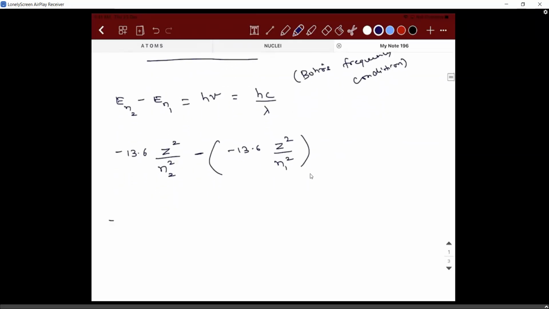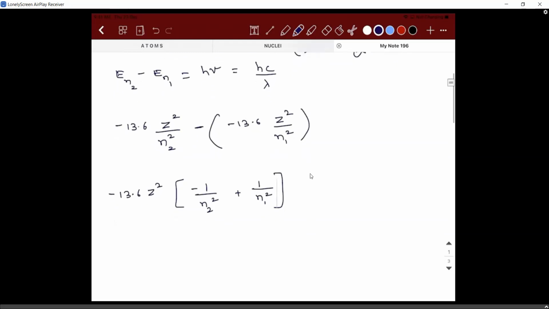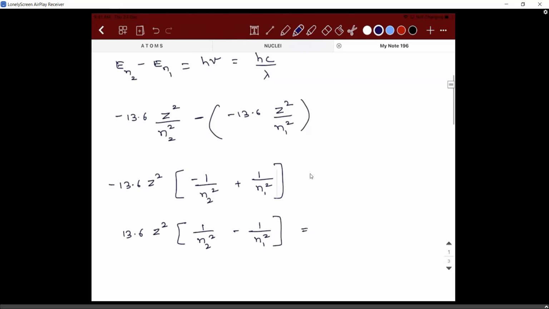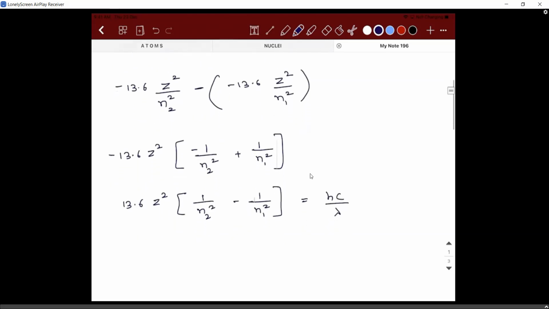If I take minus 13.6 Z square outside, what am I going to get? Minus 13.6 into Z square into 1 by N2 square plus 1 by N1 square. Okay, I'll push the minus sign inside. What is going to happen? 13.6 Z square into 1 by N1 square minus 1 by N2 square. This is equal to hc divided by lambda.